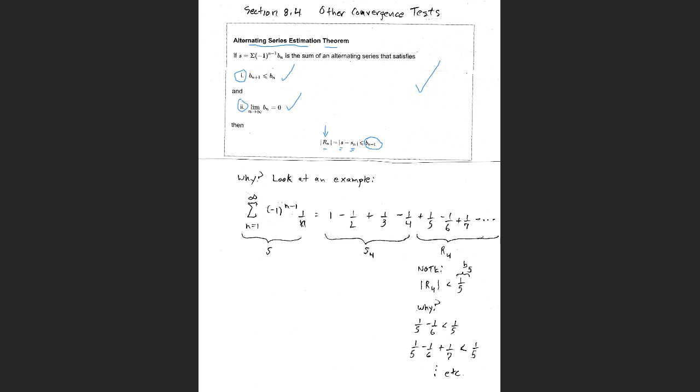You're doing that because you're taking the absolute value of the error or the remainder. So this is called the alternating series estimation theorem.